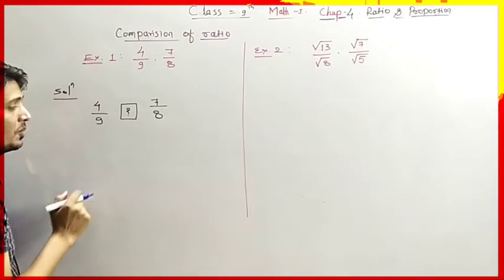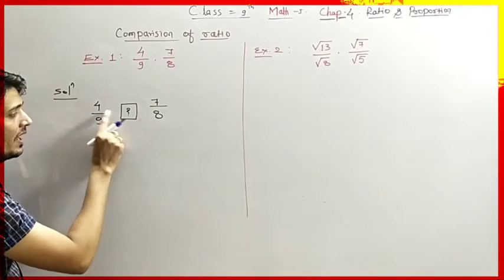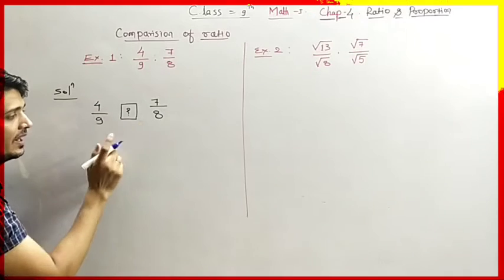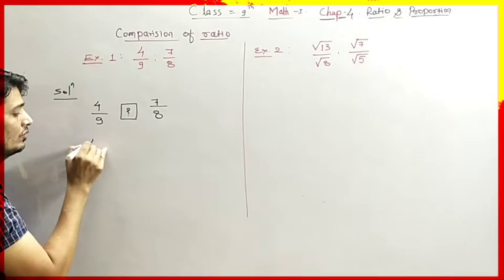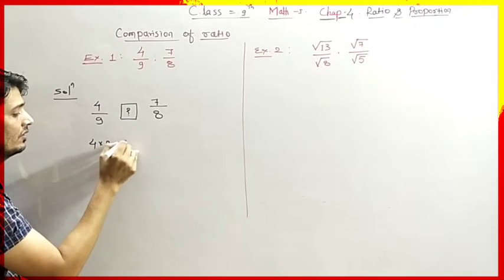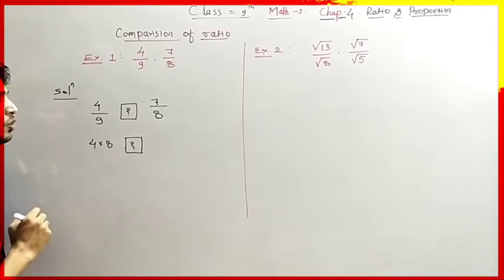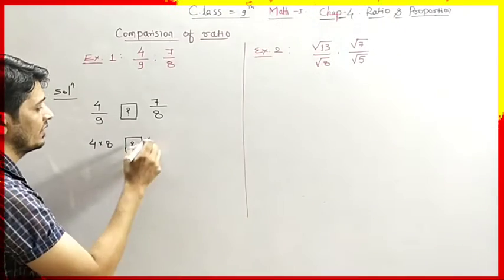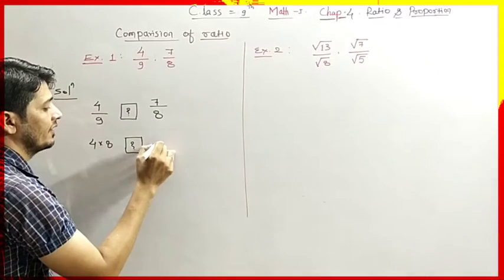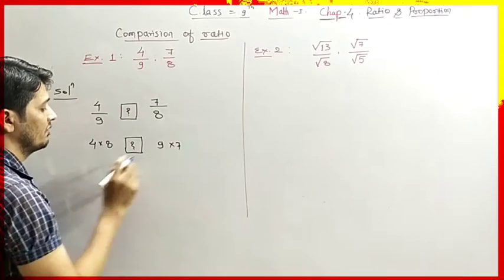Now we cross multiply: 4 into 8, with a question mark in the box, and 9 into 7.